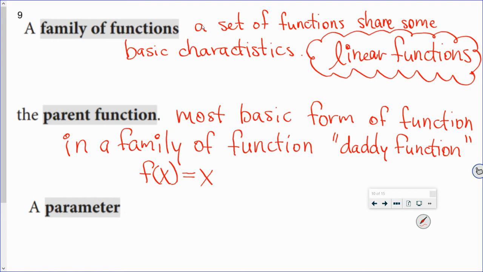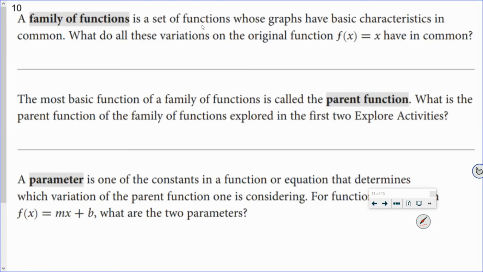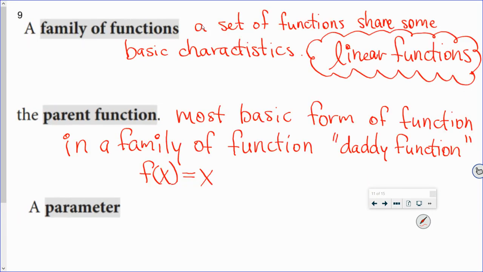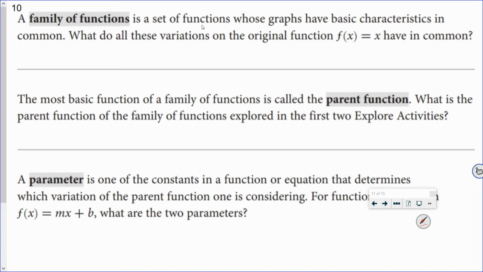We see all those things. That's the family. And the parameters of the function are those parts. I think we said they're constants, the actual numbers that have an effect that determines the variation on a parent function.